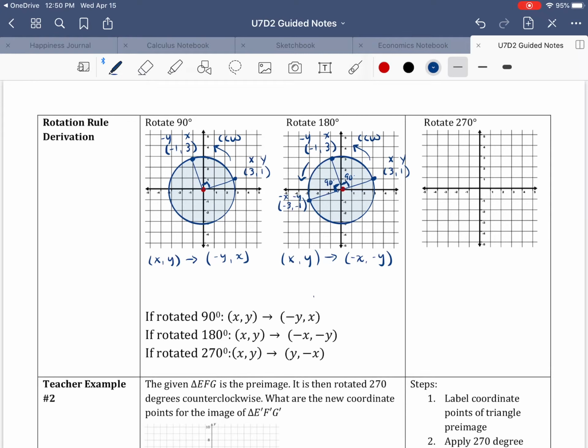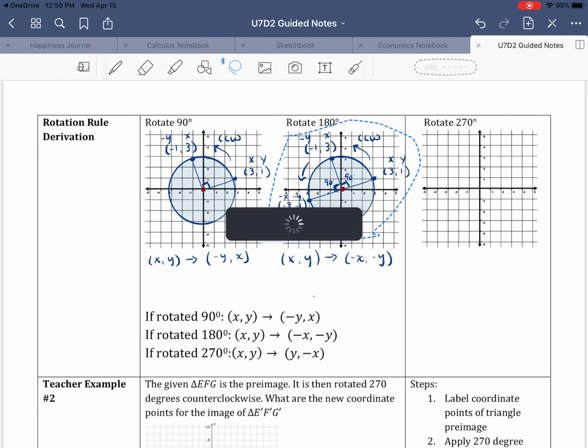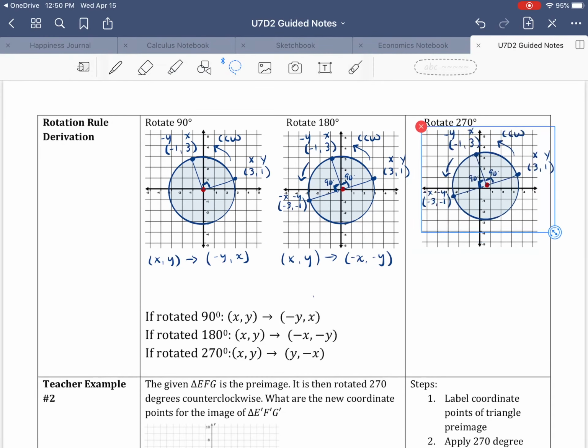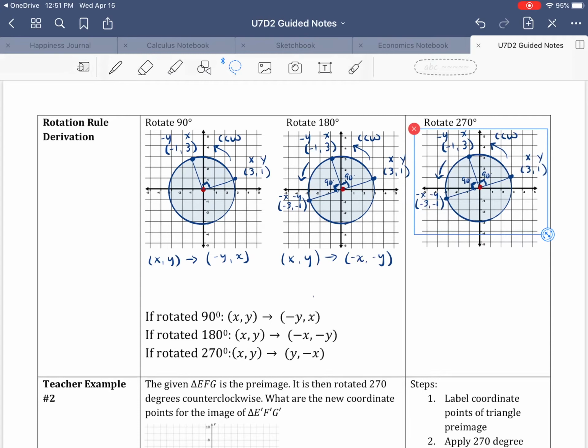Now 270 is if we were to add one more 90-degree rotation. So we're going to take, again, that circle that we have here and then go through one more time. So now if we do one more 90-degree rotation, we'll end up with that point right there. And we know that that coordinate point is (1, -3). So again, compared to our initial point (3, 1), now we've switched the order again, but now our x is negative.